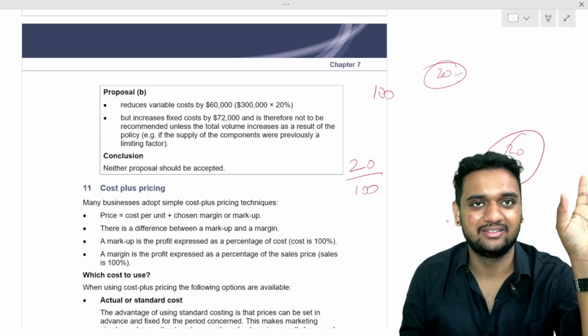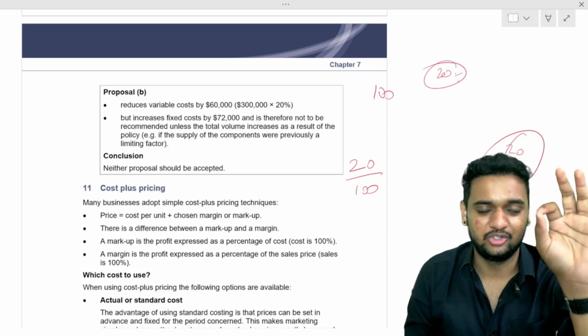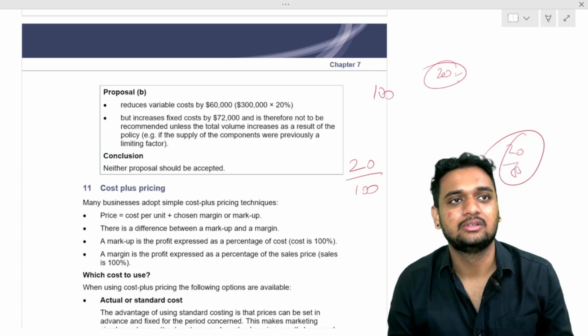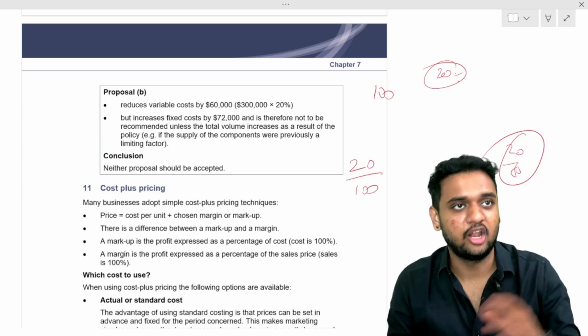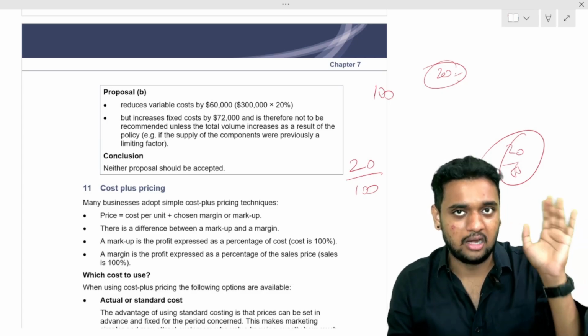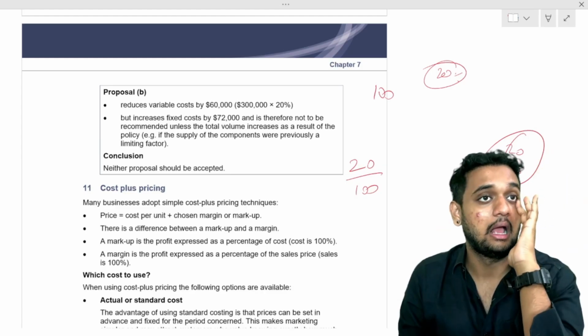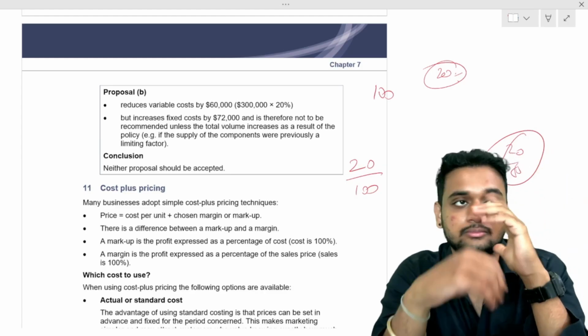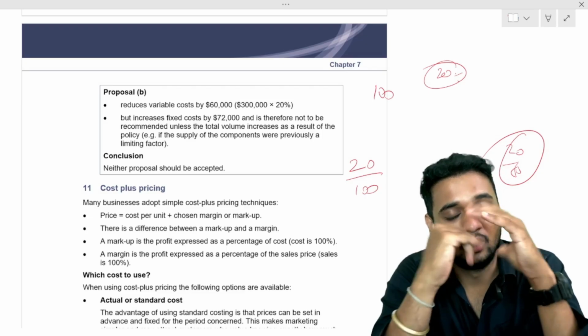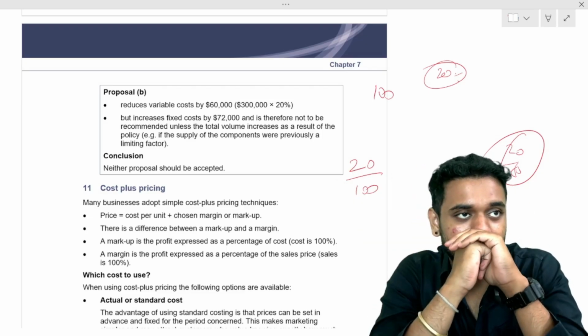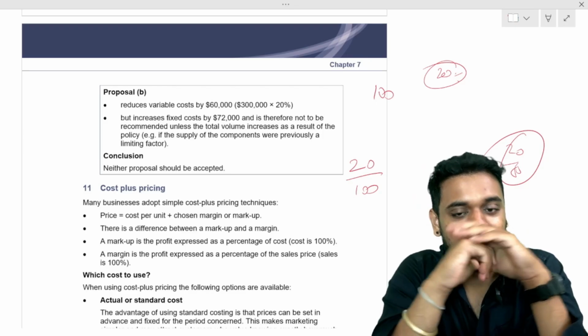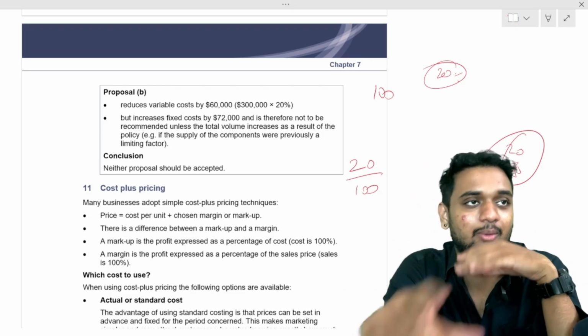But don't get confused with that. This is what we have to know. From margin to markup we have to go, we subtract from the denominator. From markup to margin, the opposite, we add. 20 divided by 80 that we get. Here we have 80 only now. Here currently what is the markup?